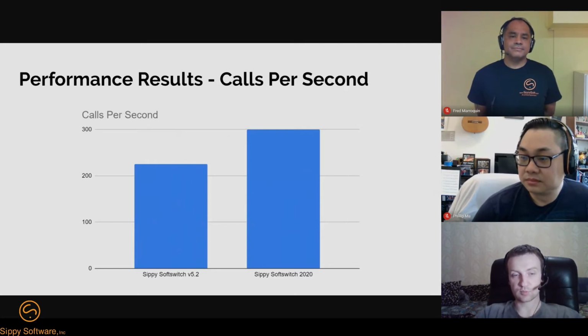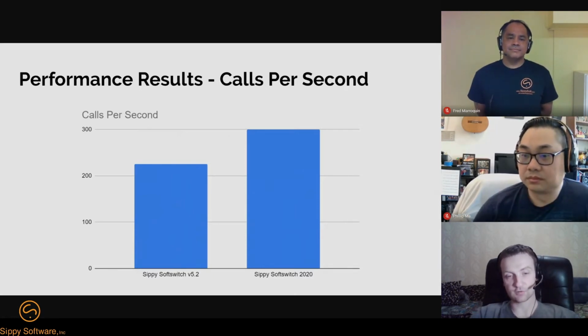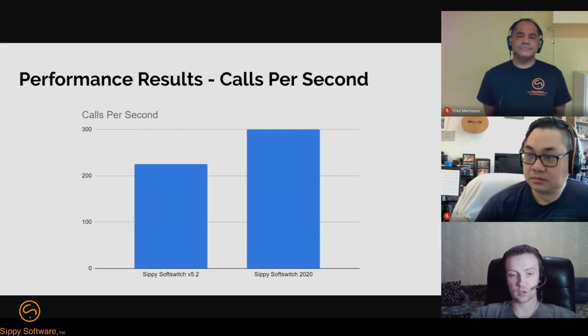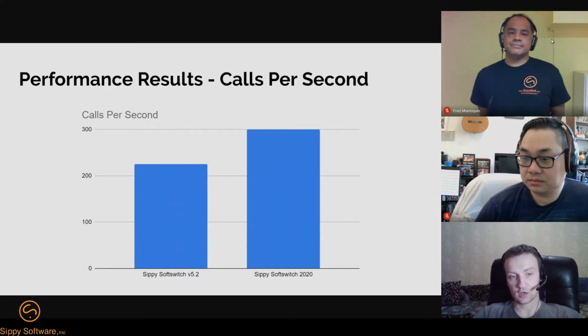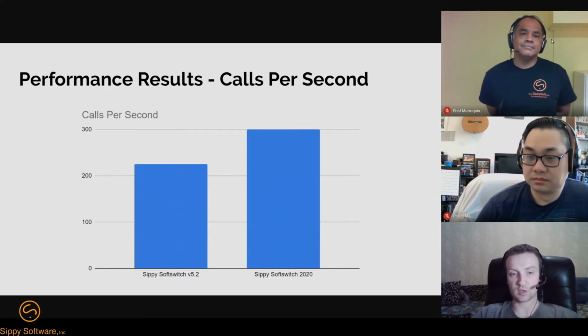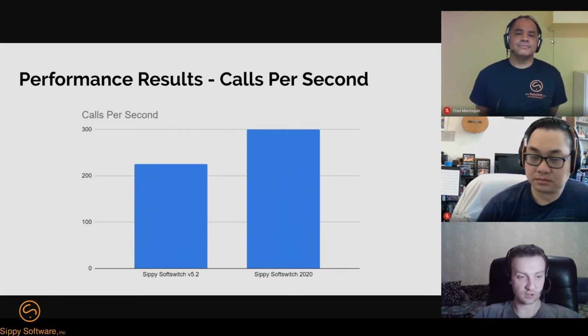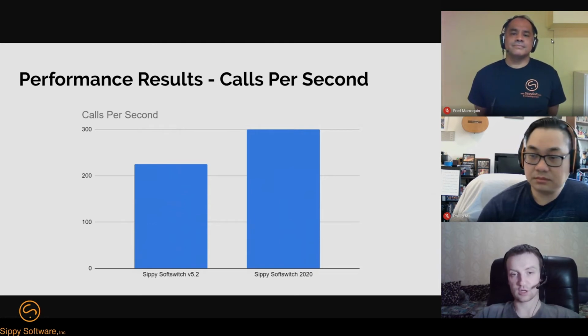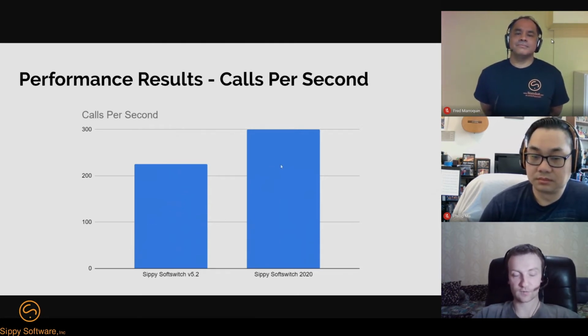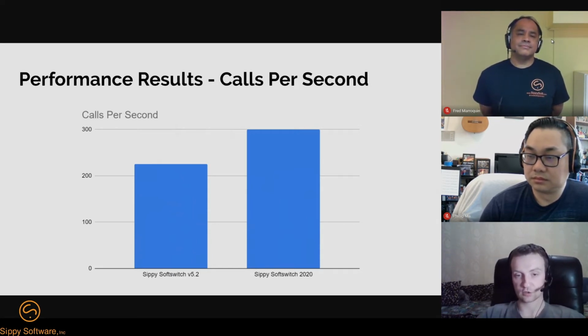And this is basically the graph that Philip was referring to from the very beginning. So in CP 5.2, the amount of CPS that was causing 90% of load to the particular switch, hardware requirements of which could be shared a little bit later, CP 5.2 was terminating like 220 calls per second.